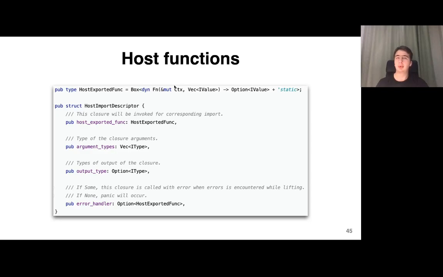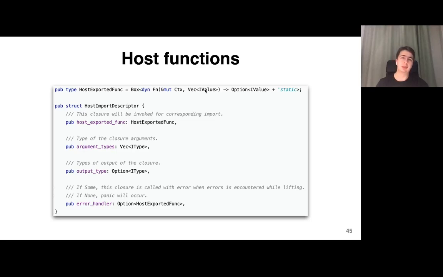Or, for example, you can mutate memory directly, or you can access tables and so on. The most important argument, the second one, is a vector of IValues. IValue is an enum for interface type values, and it is passed by value to this closure, and this closure returns back an option of IValue.